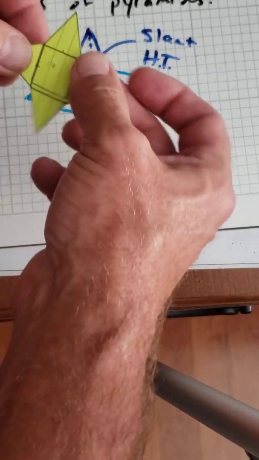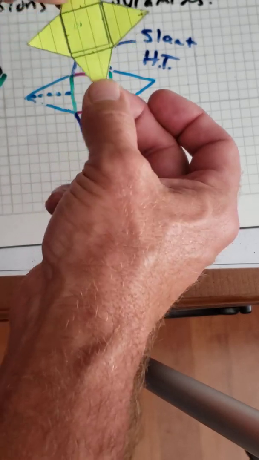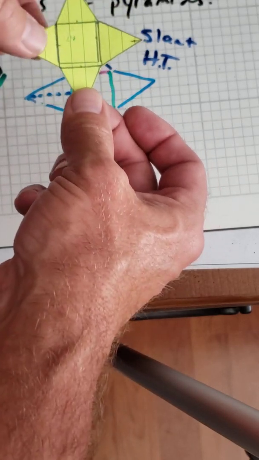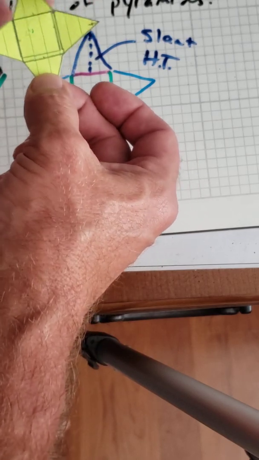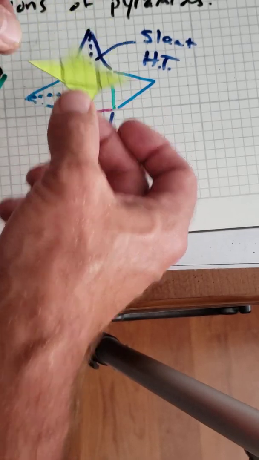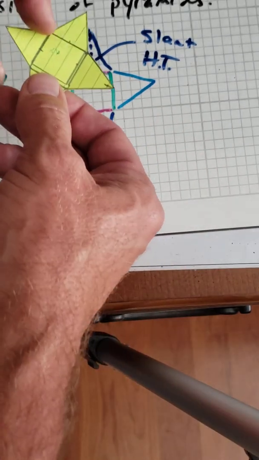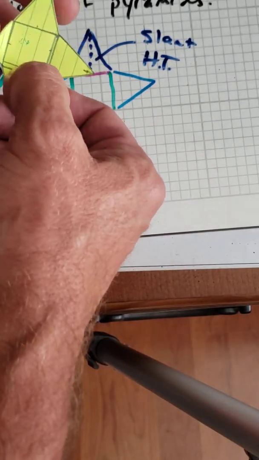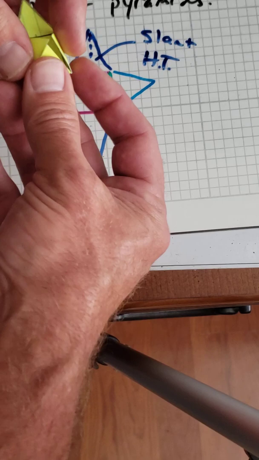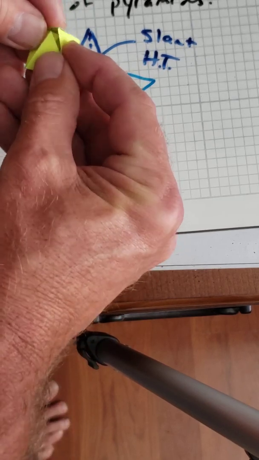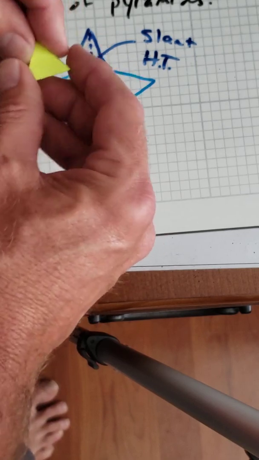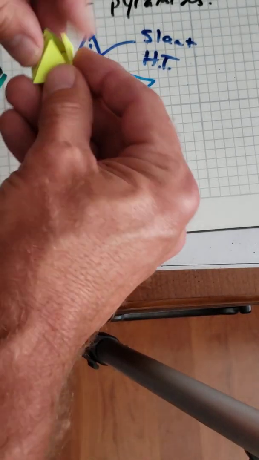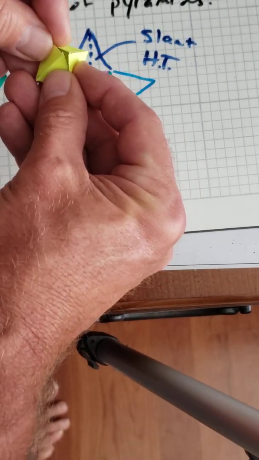Looks like it might be a square, and this one actually is a square. And if that's a square, then what does that mean about these 4 triangles? Well, it means those 4 triangles are all going to be congruent because they're going to have the same base. And then if they're going to come up and touch in the middle here, they would need to have the same slant, the same length from the base of this triangle to the top, from all 4 sides so that it could meet.